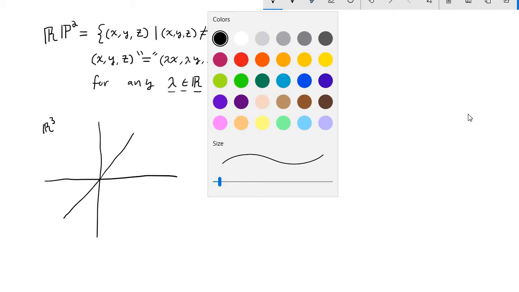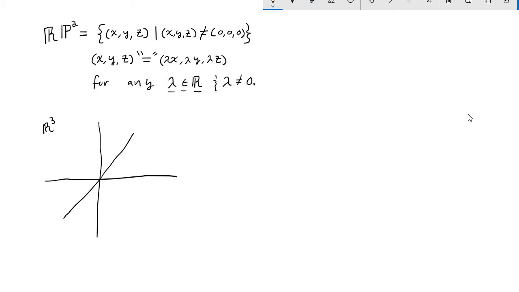is find the equation of the line running through any 2 points in R3, parameterized by t. So my equation is r(t). Say I want the equation of the line that passes through the points x, y, z and u, v, w.